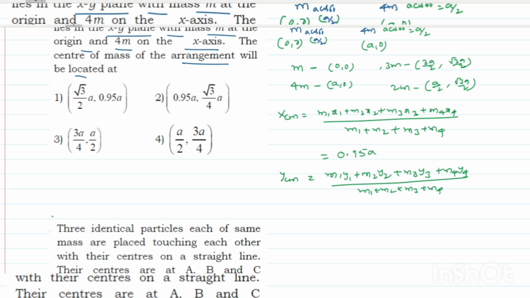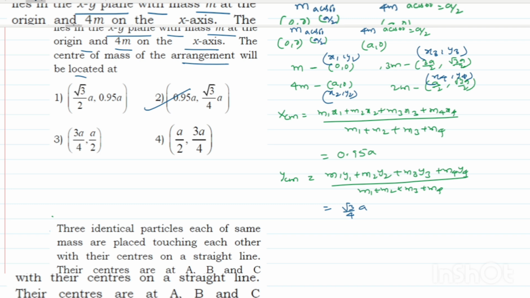If you want in detail, this is x1 y1, this is x2 y2, this is x3 y3, and this is x4 y4. When you are substituting all these values, it will be nearly root 3 by 4 a. So 0.95a and root 3 by 4a is the correct answer.